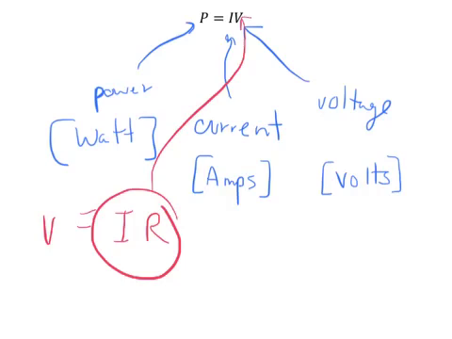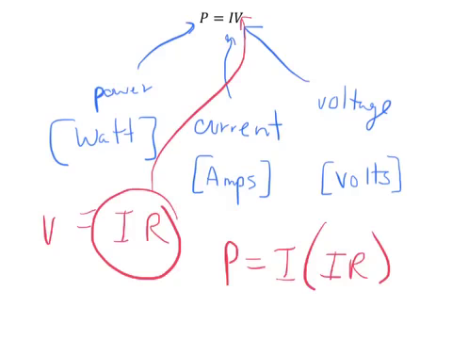V is IR. So by substitution method, we can substitute IR in for this V up top. So this becomes P equals I. Instead of V, just put another IR there, because that's what V really is. Again, substitution method allows me to put IR in for V, yielding this formula here.